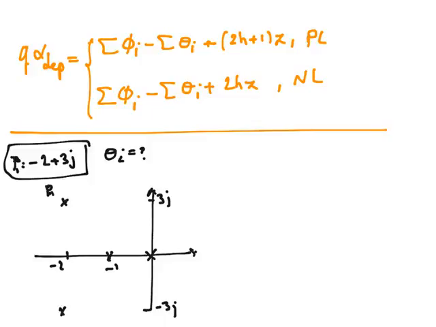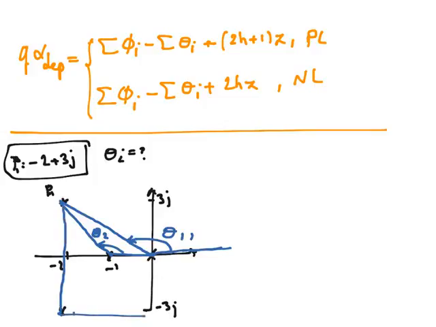So we want to obtain the value for each one of the theta i's. You should remember now how to do it. We connect the corresponding pole to P1, and we draw a horizontal line from there, and this will give us theta 1. Doing it for the other pole, we will have theta 2, and from the third one we will have theta 3. Obviously theta 3 is equal to pi over 2.